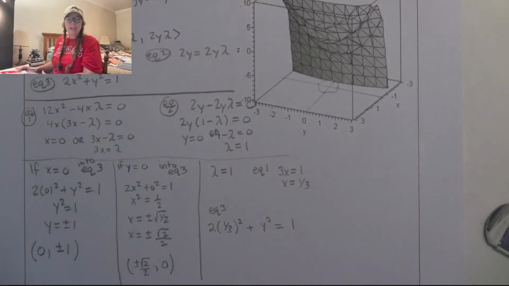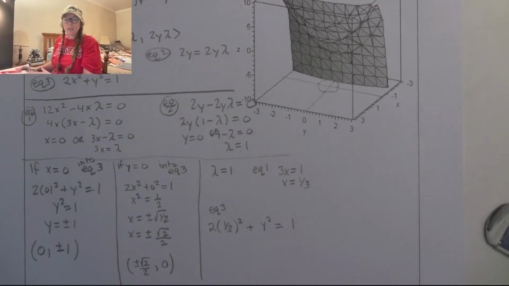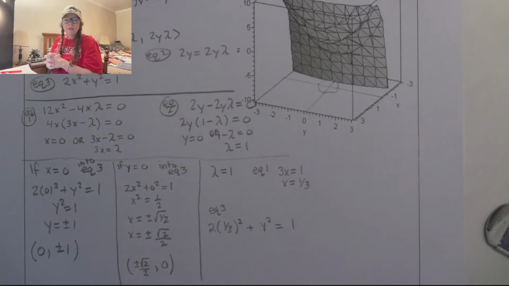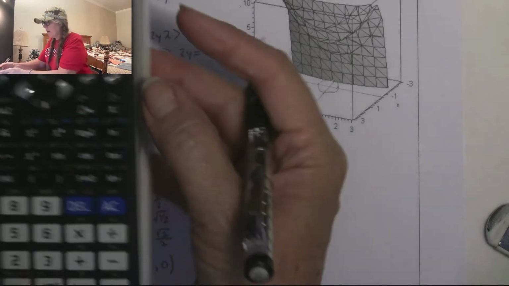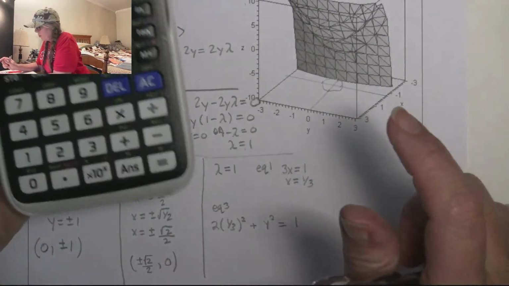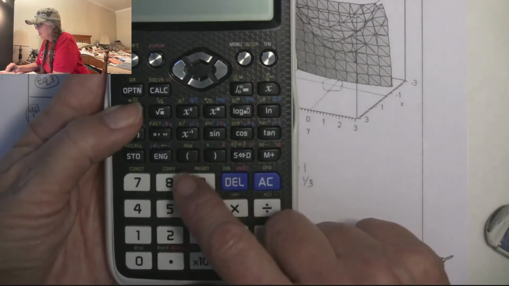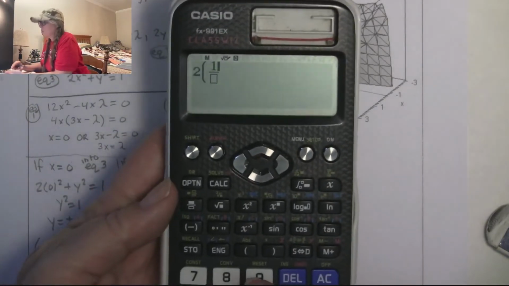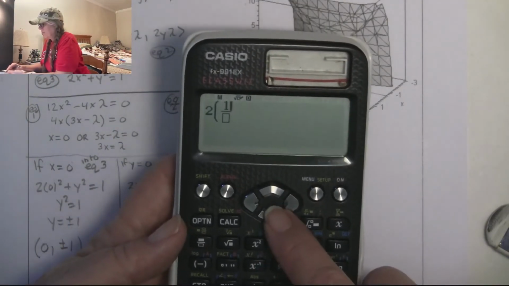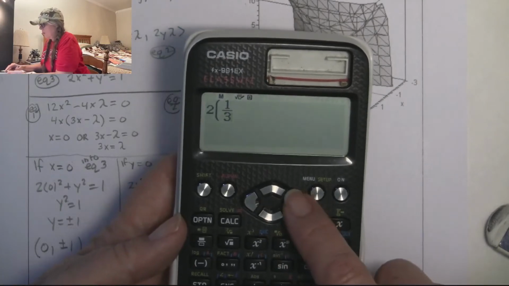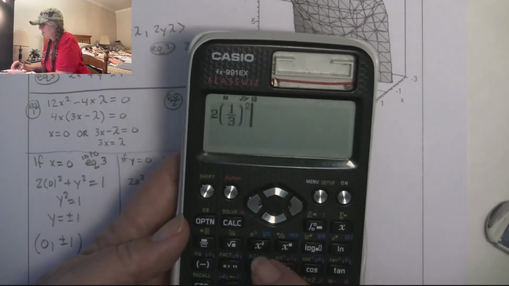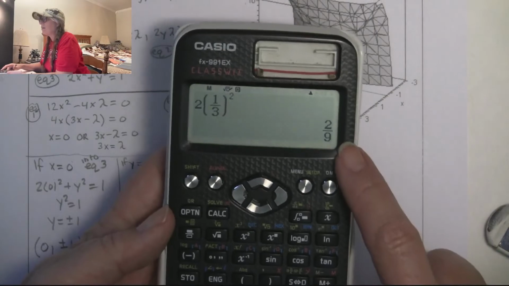So I plug that into equation 3, and when I do the math there, so 2 times 1/3 squared, it's 2/9, right?